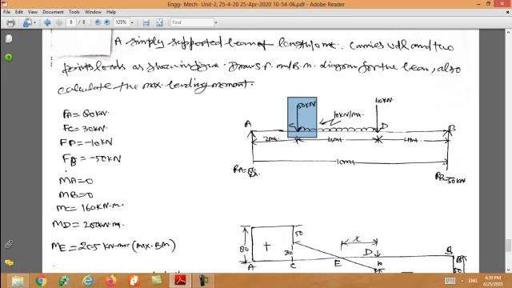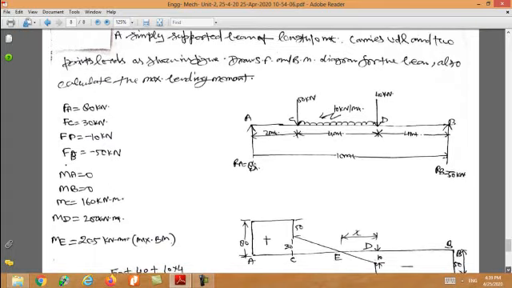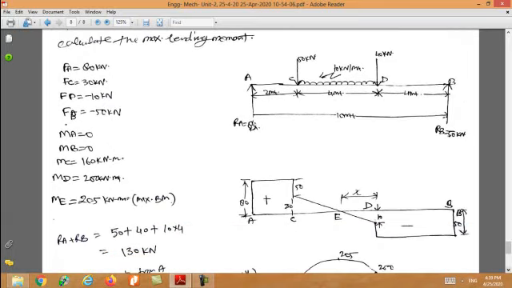In the same way, FD is 30 minus 10 into 4, so it is minus 10. But at D, a 40 kilonewton load is also acting, so the diagram will suddenly change.